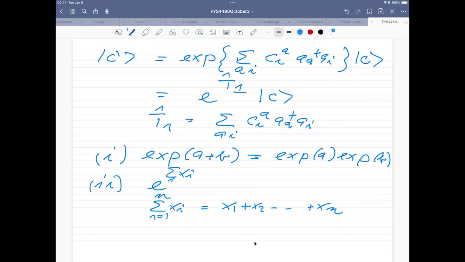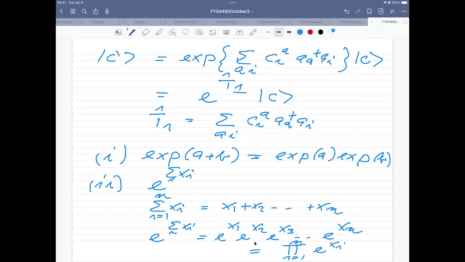So that means that I can actually rewrite this, the exponential of the sum over i of x_i, as e of x1, e of x2, e of x3, up to e of xn. And that is nothing but the product, i equal 1 up to n, of e of x_i. Okay? I assume that you're familiar with this formula. You've seen the derivations of them, and that we can simply use them. I just wanted to remind you of these expressions. Okay.